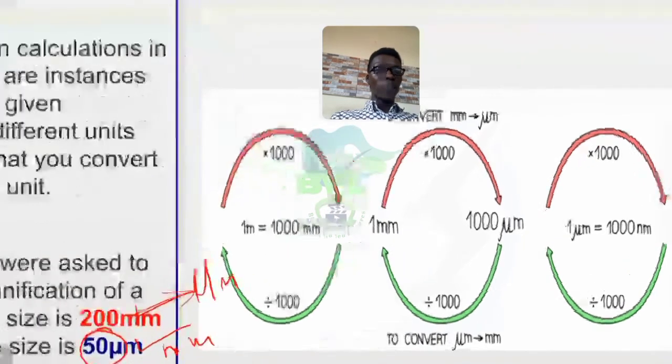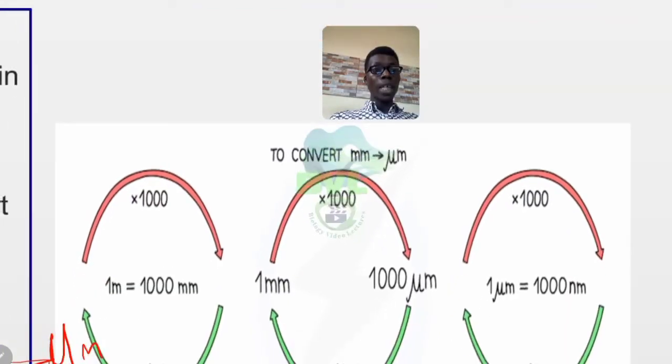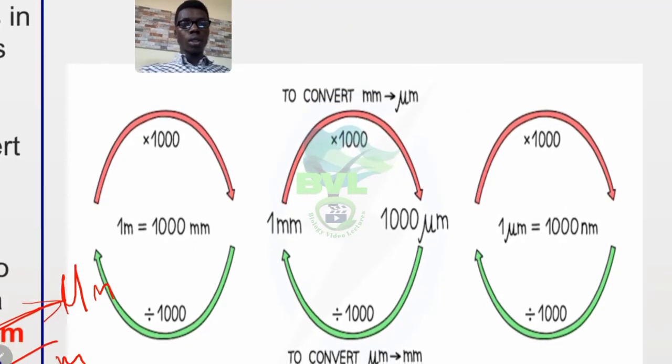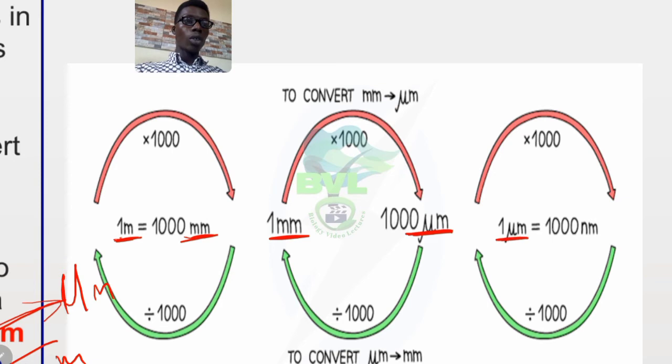Now this has been put here to make you understand. 1 meter is equal to 1000 millimeters. 1 millimeter is equal to 1000 micrometers, and 1 micrometer is equal to 1000 nanometers.